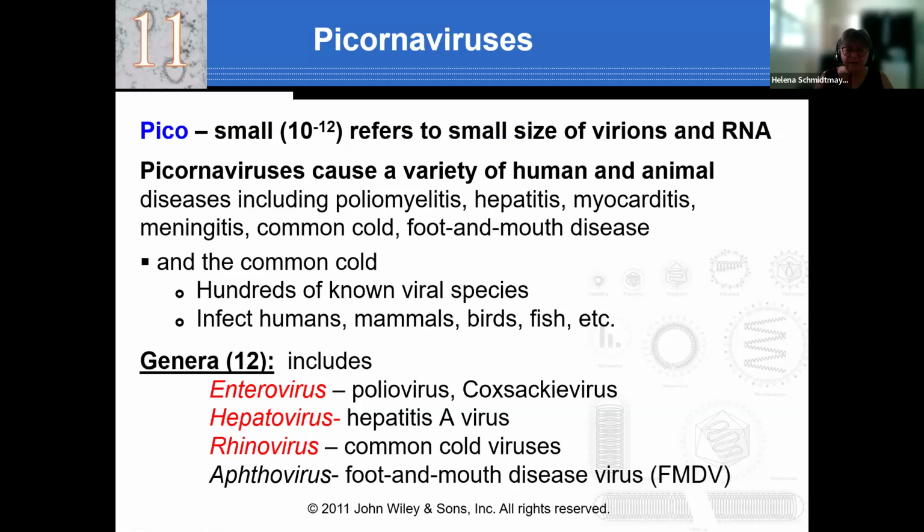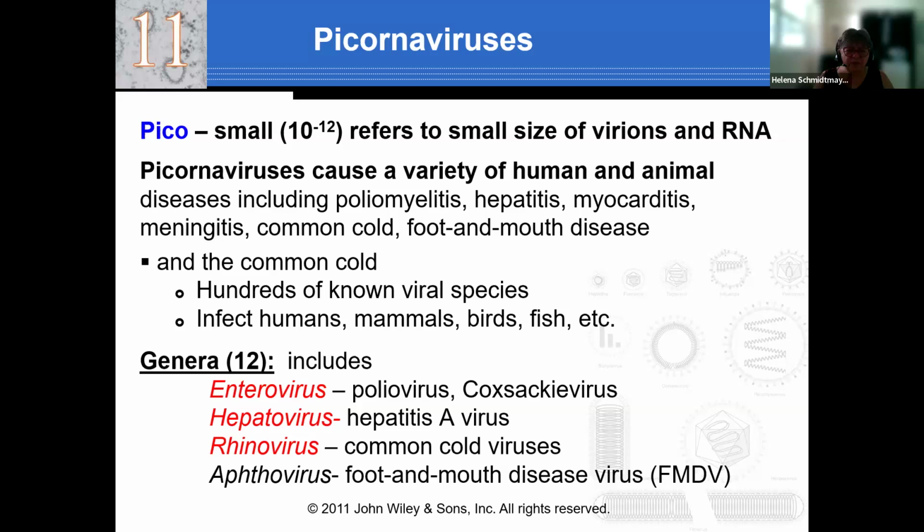They can infect from humans through birds, fishes, and so on. And also they can cause many different diseases from poliomyelitis through hepatitis, common cold, meningitis, and so on.